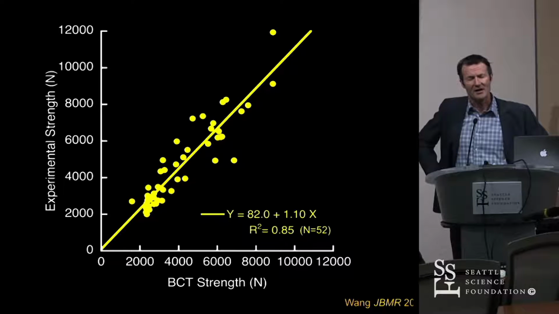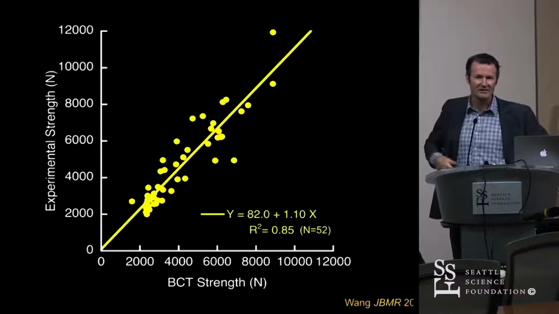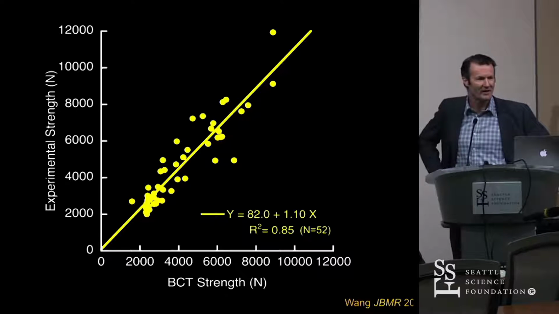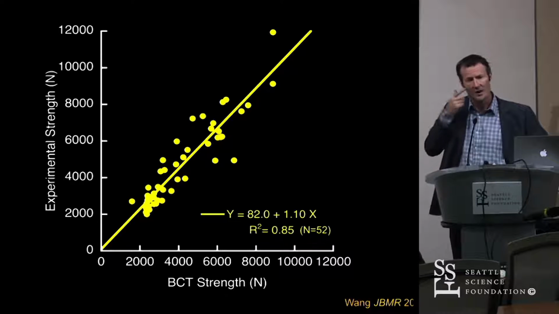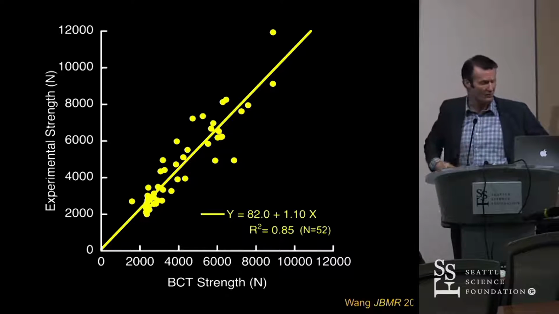So essentially, we can on the computer estimate your strength to a statistically almost equivalent degree as if you were to take the bone out and crush it. Now, this is crushing the bone under controlled loading conditions. We don't know exactly how your bones are loaded in vivo, but in a standardized system, we can now simulate on the computer what it would be like if we were to crush your bone in the cadaver lab.